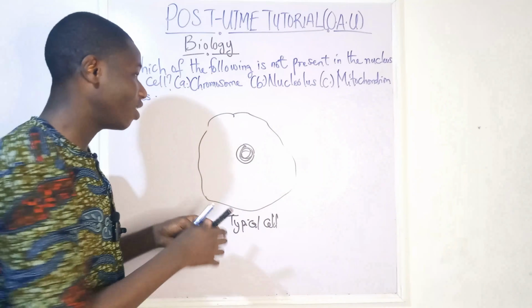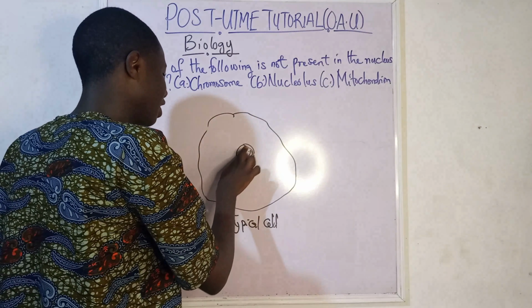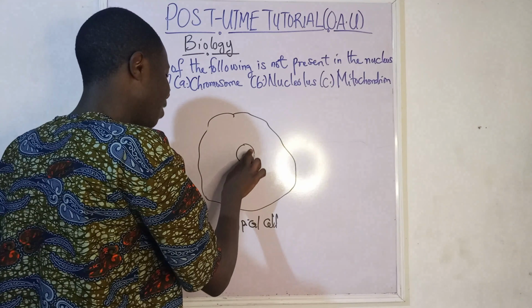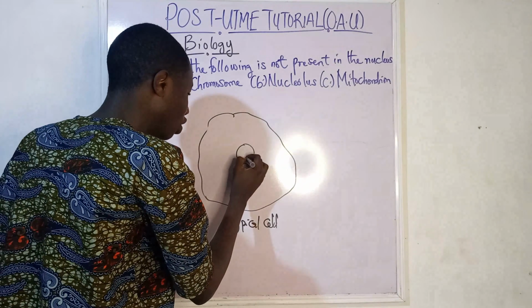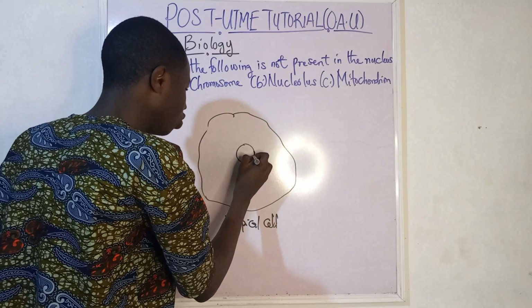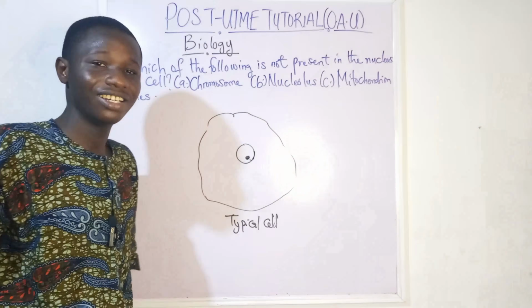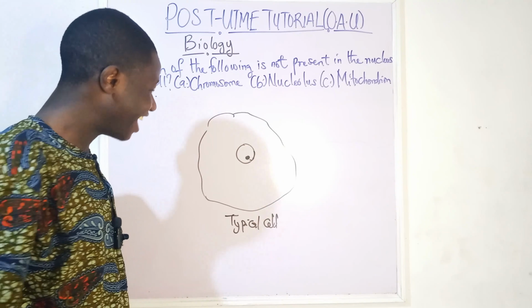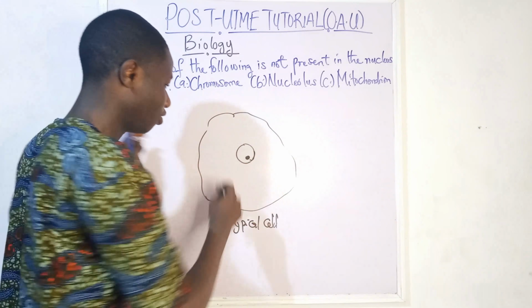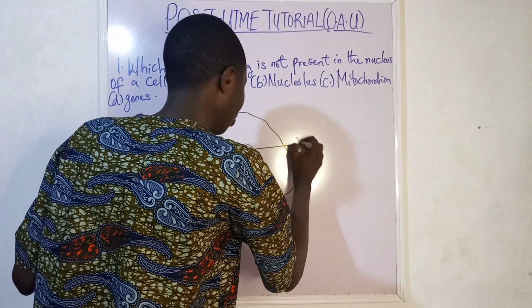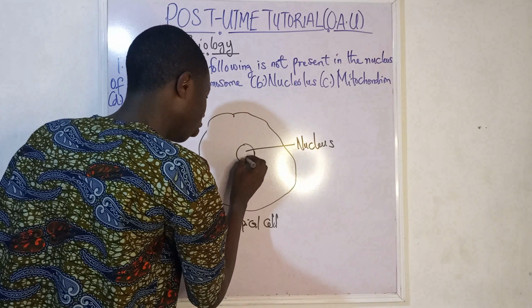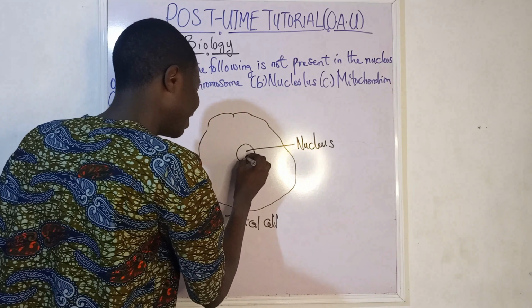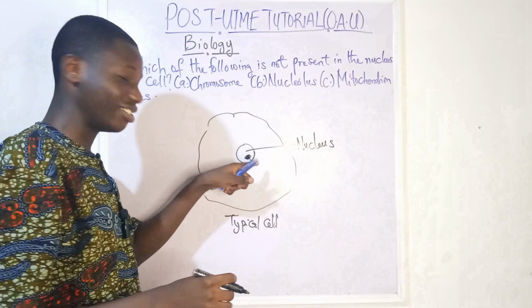Now, whenever you have a nucleus in a particular cell, in that nucleus we have what we call a nucleolus. So it means the nucleolus is inside the nucleus. This is what I mean. If this is your nucleus, you will have a nucleolus, like a particular dark thing inside the nucleus.